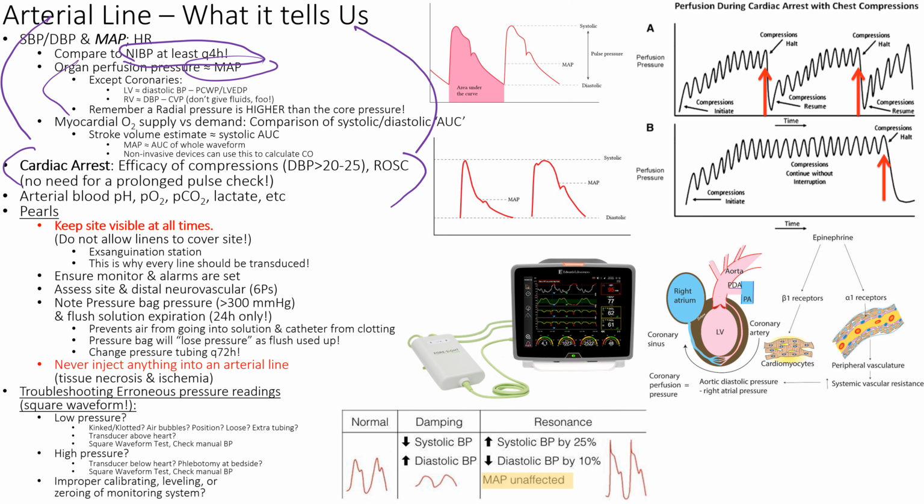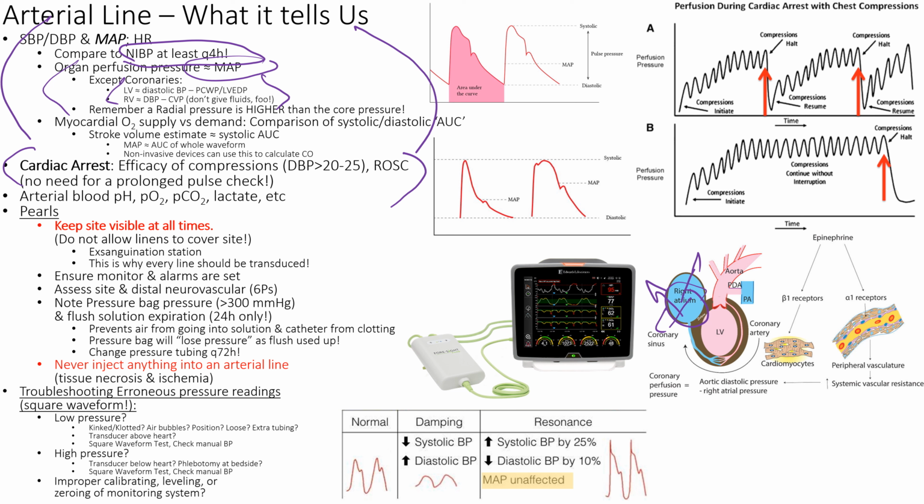Okay, and then coronaries, we mentioned before in, what was it, in EKG, like in MIs, right? So your coronaries do get a MAP, right? But their MAP is hampered by the pressure inside the ventricles itself, right? So if the CVP is really high, your right ventricle is not going to get a lot of perfusion, because your right atrium is going to be stretched out, and the RV pressure is your diastolic blood pressure, which feeds your coronaries, right?